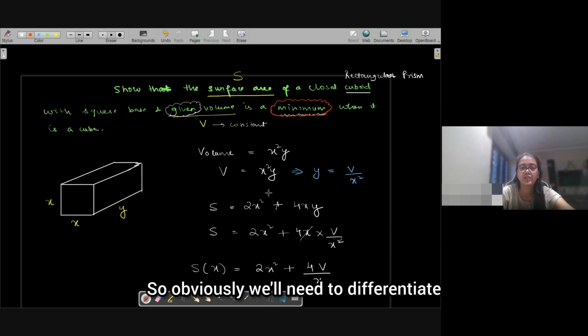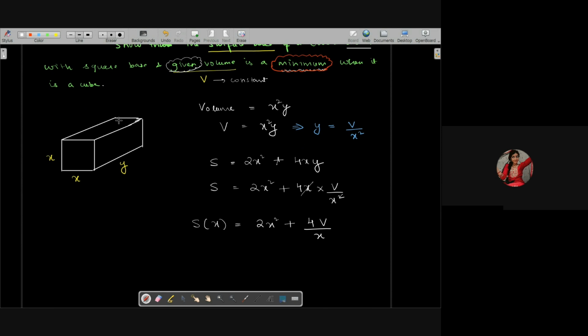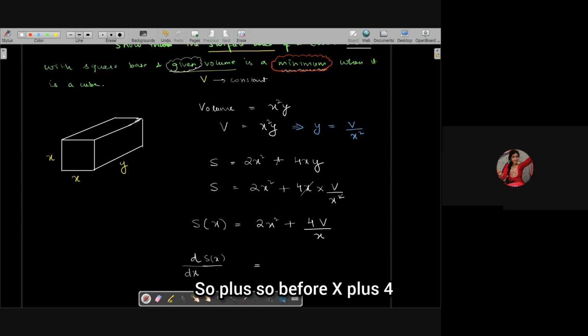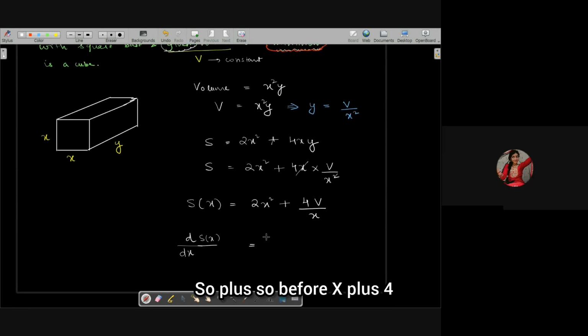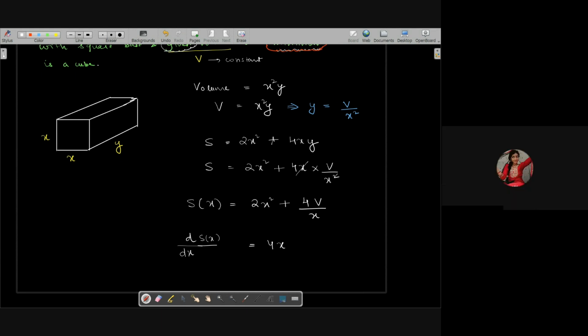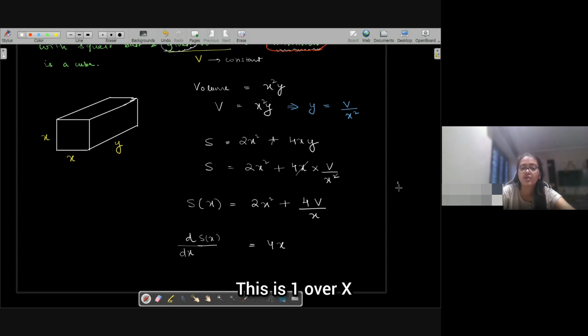So obviously we'll need to differentiate the surface area function with respect to x. So d over dx of s of x. It'll be 4x minus 4v over x squared, because this is 1 over x, which is x raised to minus 1.